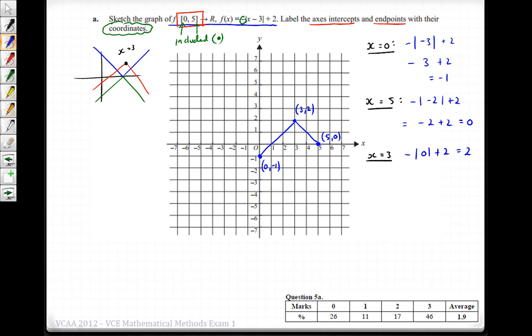And then the last thing is just the x-intercept that occurs when y equals 0. So when y equals 0, we have 0 equals negative modulus of x minus 3 plus 2. Now we know we're on this line I've just aimed the green arrow at there.